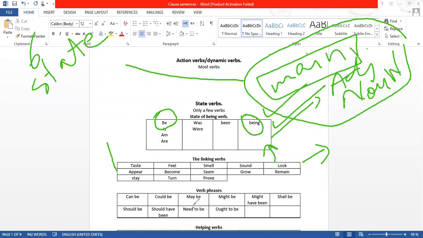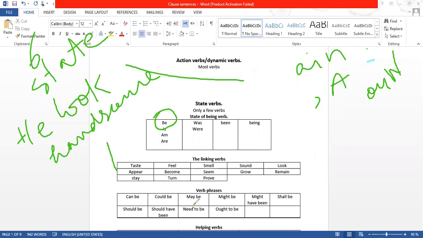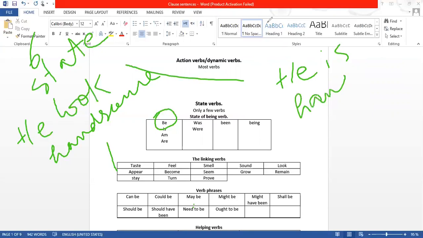Linking verbs work like the state of being verb, because if you see the formula, for example, he looks handsome, or if I say he is handsome, the formula is almost the same. It has a subject, and it also gives you the same meaning, handsome.